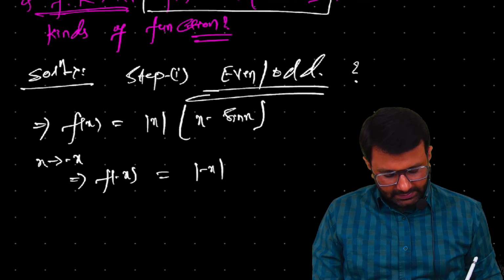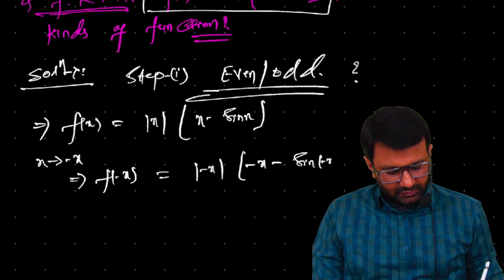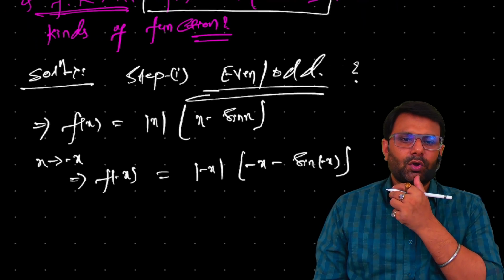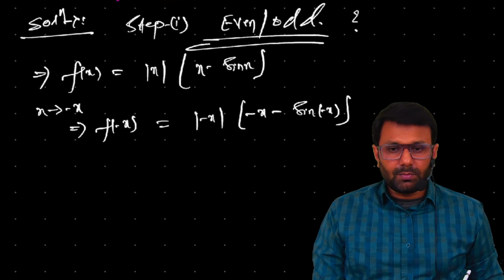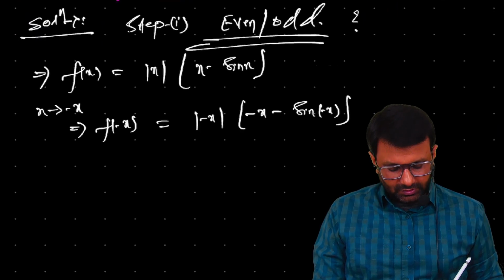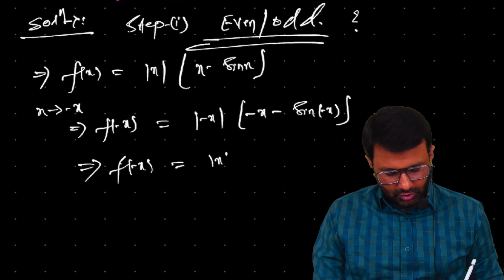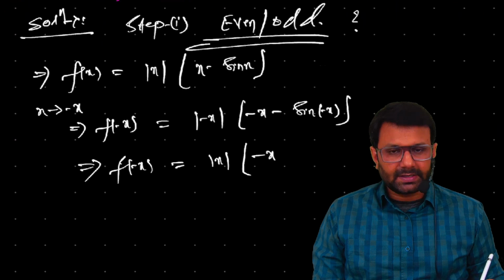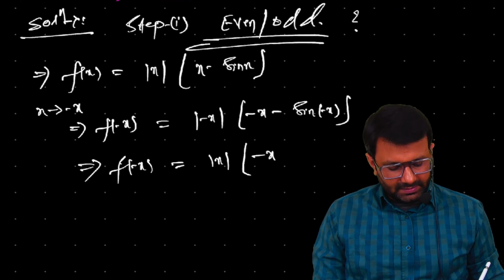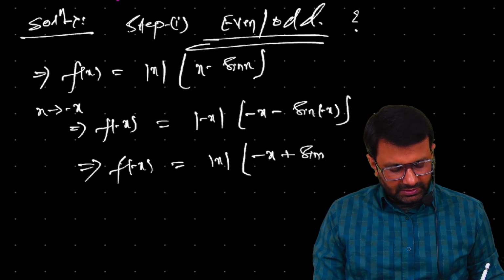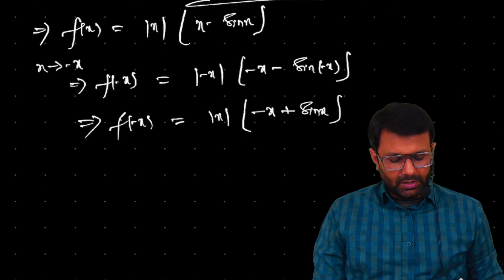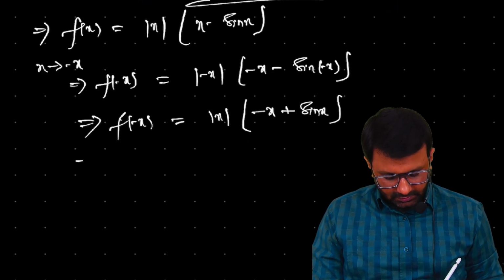f of minus x is mod of minus x into (minus x minus sin of minus x). Any problem? Mod of minus x is mod x only, no? So this is minus x, this is mod x. Sin of minus theta is minus sin theta, so this becomes plus sin x. Now take minus common.